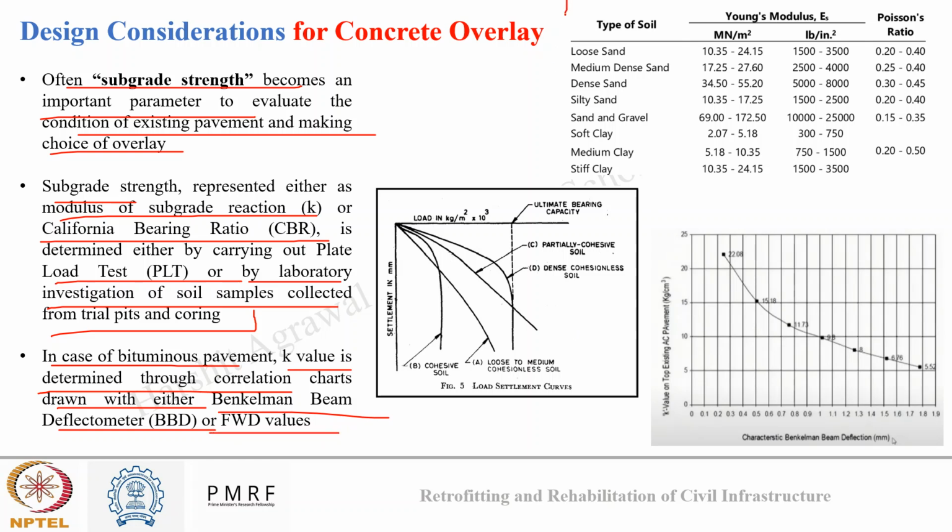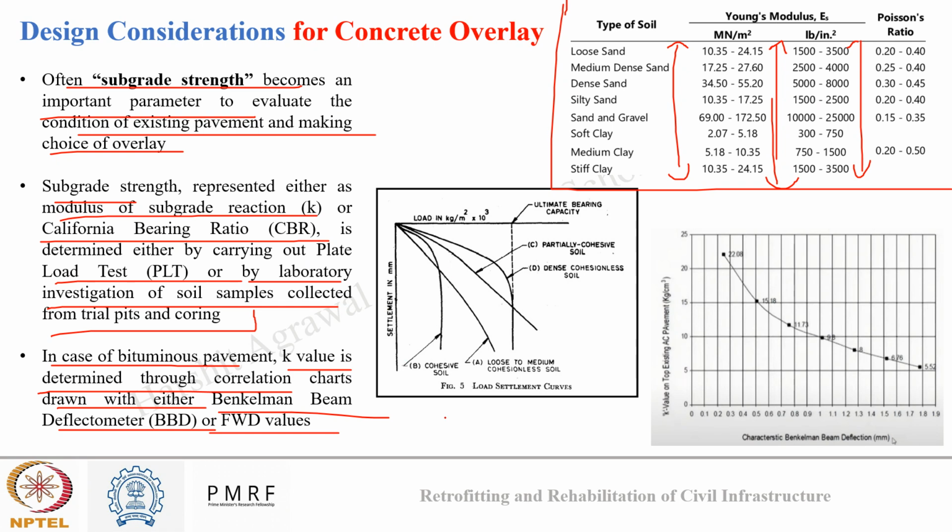So you can see here in this table there are different types of soils that are present in the subgrade, and their Young's modulus and Poisson's ratios are listed. These are very important when it comes to the design of concrete overlay, because if we take into consideration a bonded overlay, then I should know the strength of my existing pavement also and how much it can contribute to the strength.